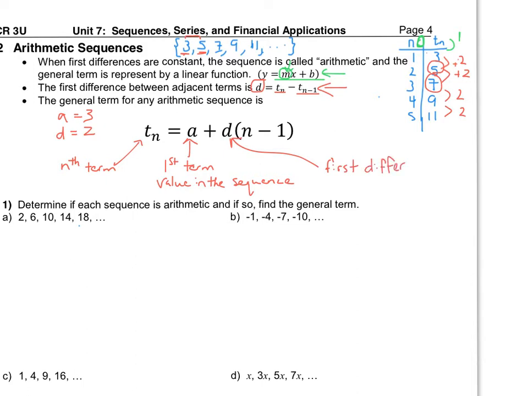It's the thing they have in common, a value of positive 2. So I'm going to put common difference in here as another name. But usually we'll call that first difference, just to keep it familiar with what you already know.